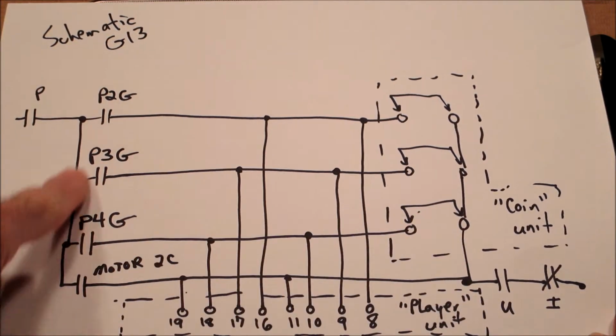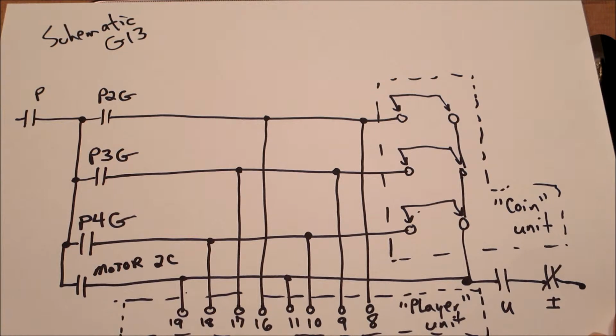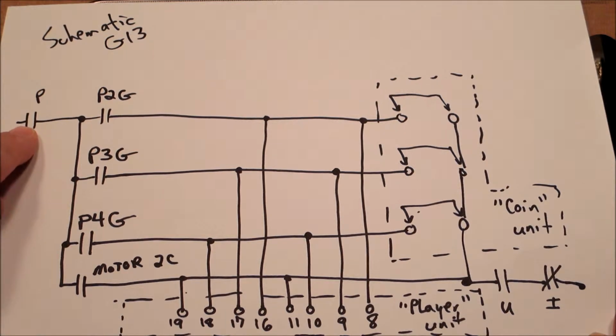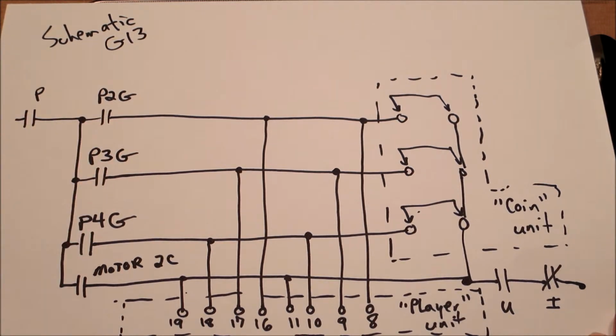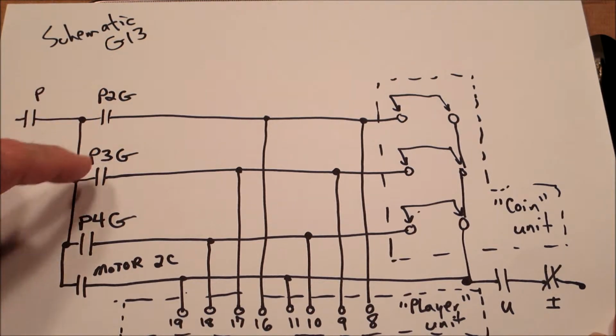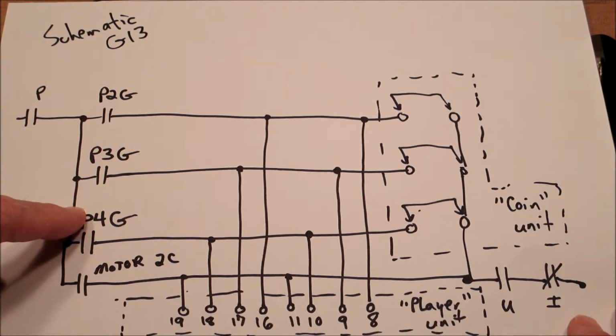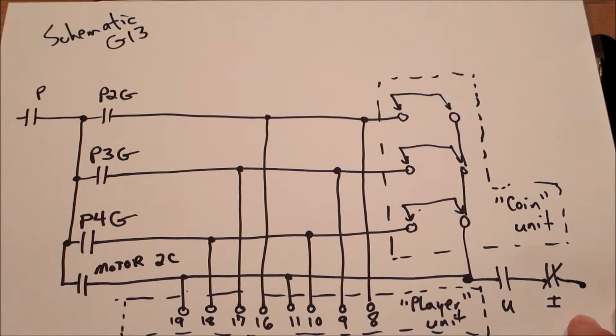There has to be a circuit closed so that it knows to advance to the next player. And if that circuit does not close, it won't move to the next player. So by having this switch permanently open, there's no way that any of the other player circuits, 1, 2, 3, or 4, can close to advance the player unit past player 1.